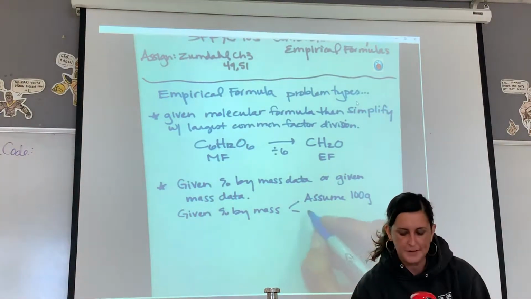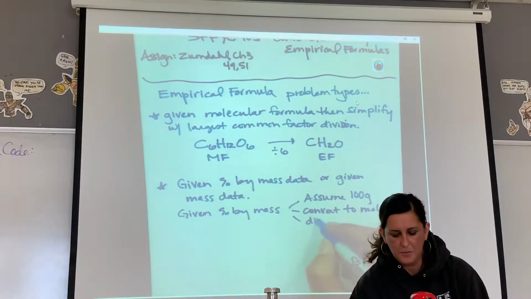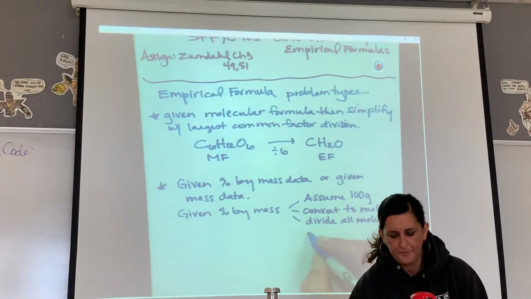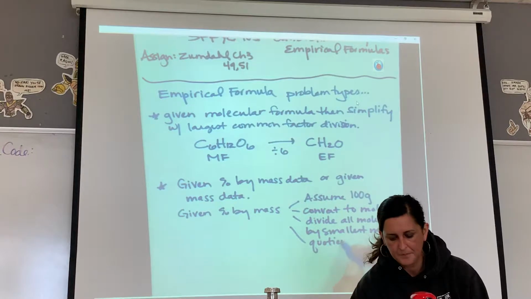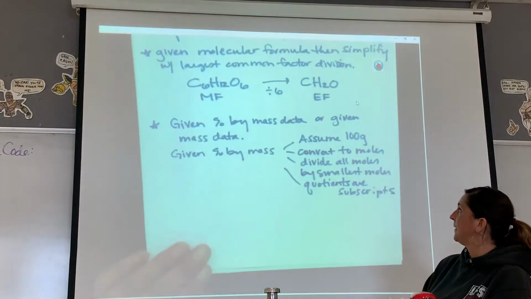So you assume 100 grams, convert to moles, and then divide all the moles by the smallest moles. Your quotients are your subscripts.